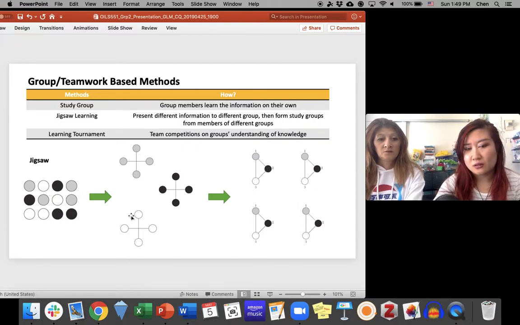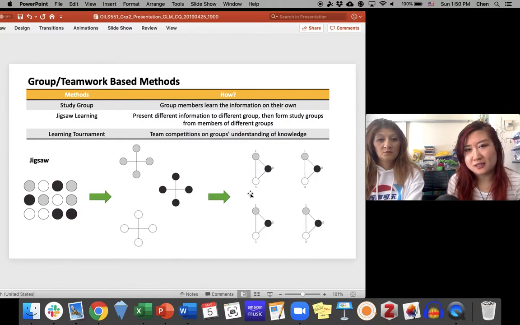Essentially, you group your cohort into several groups of 4 or 3 or 5 of your choice, and then you let each group work on an individual concept, and then you will mix them up again, pick one representative from each group, and then regroup them into separate groups, so that each new group would have a representative from the previous groups, and then they will bring in the different concepts. So that's the type of jigsaw learning.